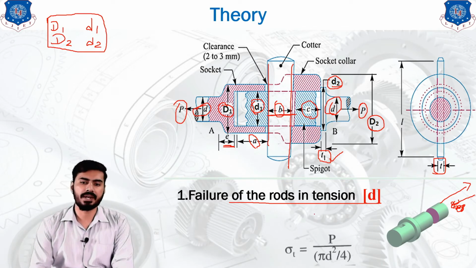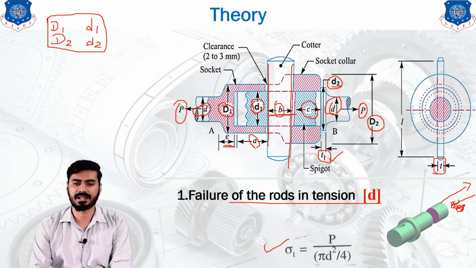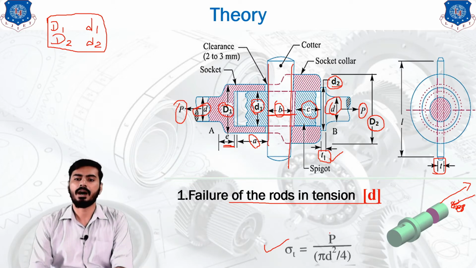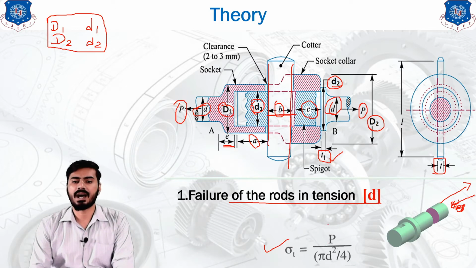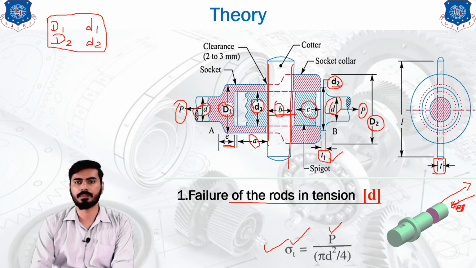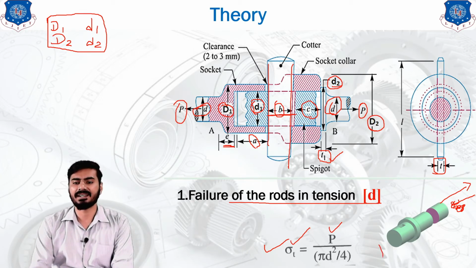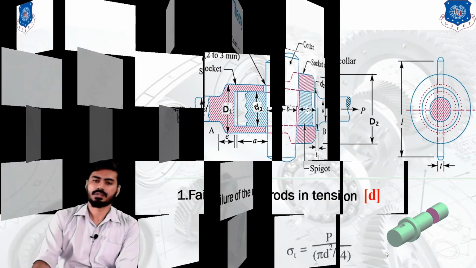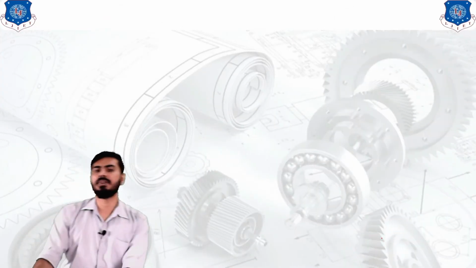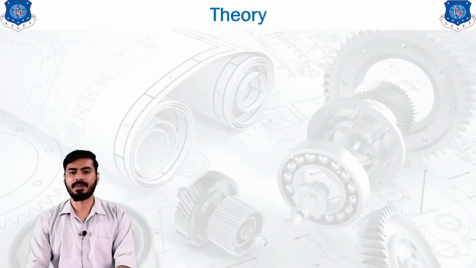So it will generate the tensile stress in the material, that is sigma t equals P upon pi by 4 d square. Now we have the value of P from the given data, we have the value of sigma t from the given data, then we can directly calculate the answer of d. So this was the first step in which we calculate the diameter d.